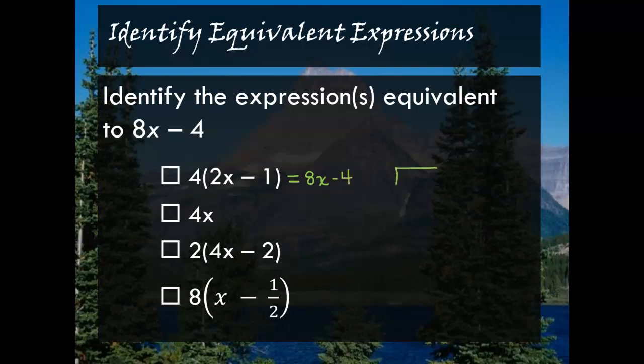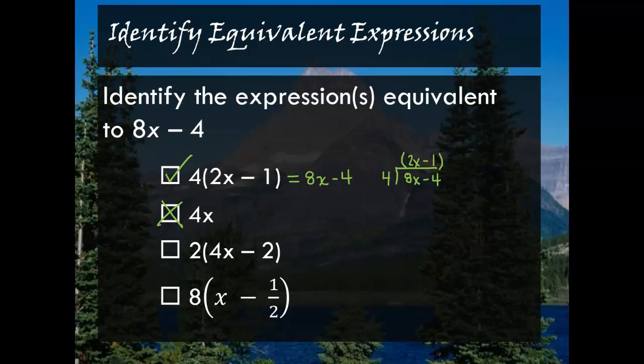I also could have factored a 4 from 8x minus 4, and that would have given me 2x minus 1, and that would be a second way to test for equivalency. The expression of 4x is obviously incorrect because in our original expression we have 8x. We're unable to subtract 4 from that because the 4 is not multiplied by x.